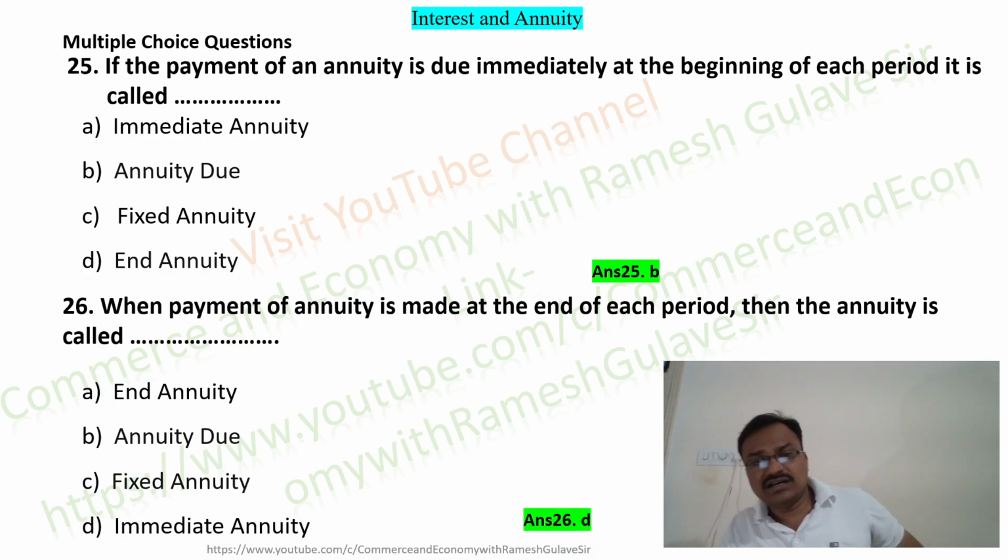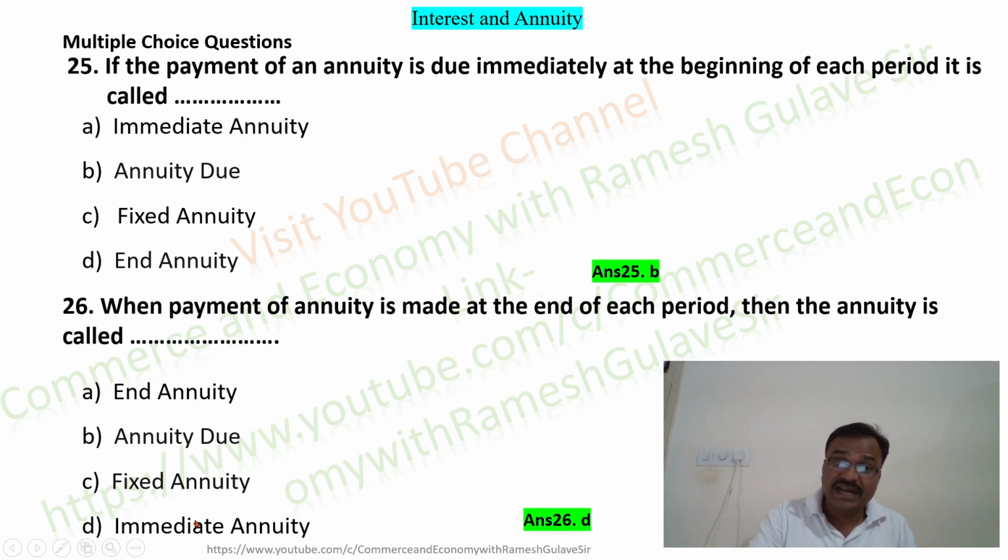See friends, as I said, there are mainly two types of annuities: immediate annuity and annuity due. If payment is made at the beginning, or in advance at the beginning of the period, it is annuity due, and when payment is made at the end of the period, it is immediate annuity.